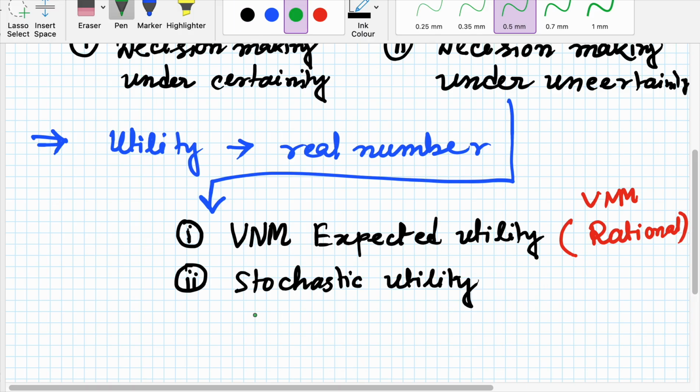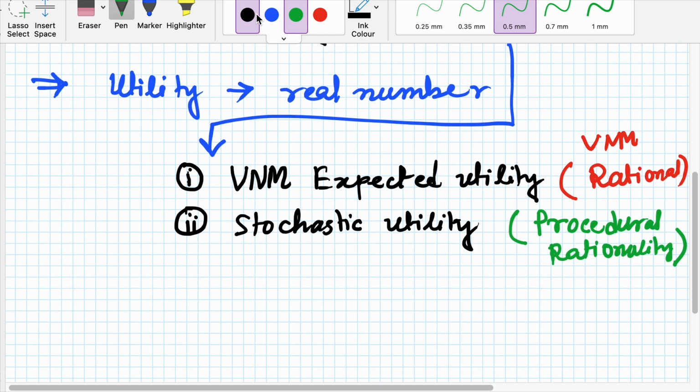And the stochastic utility is a case of bounded rationality, and an agent whose utility can be represented by a stochastic utility does not follow the axioms of VNM expected utility theory. So it is called bounded rationality, and particularly we have covered what is called procedural rationality.